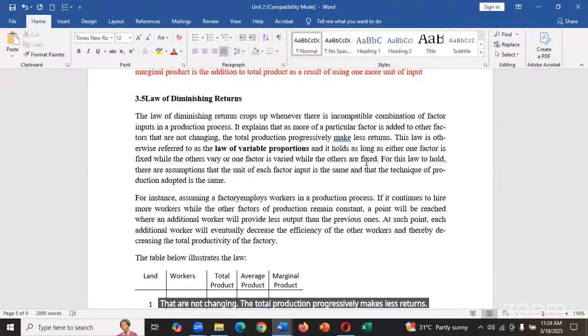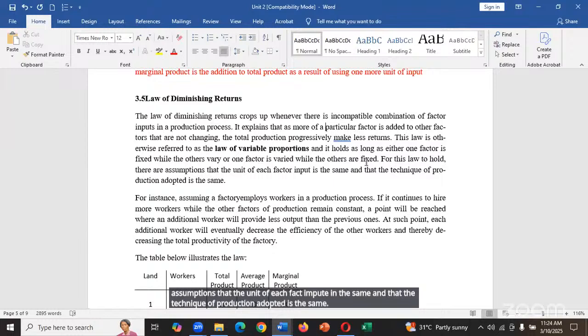The law is otherwise referred to as the law of variable proportions, and it holds as long as either one of the factors is fixed while the others vary, or one factor is varied while the others are fixed. For the law to hold, there are assumptions that the unit of each factor's input is the same and that the technique of production adopted is the same.